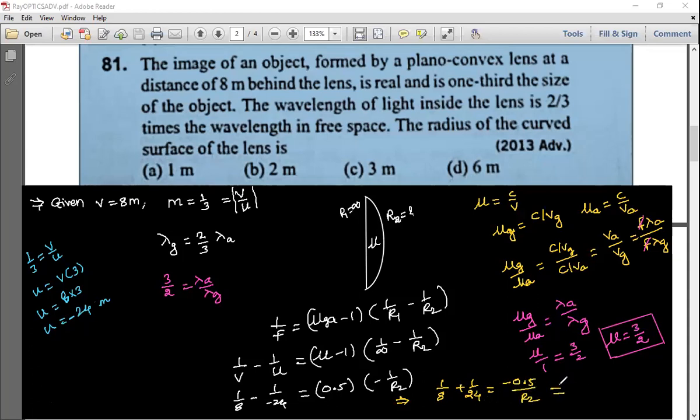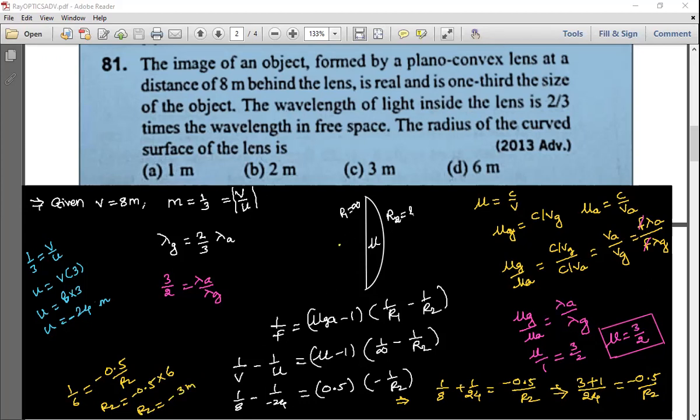Take the LCM, it will be 24. So 3 plus 1, which is equal to minus 0.5 by R2. 4 over 24 becomes 1 by 6. So 1 by 6 is equal to minus 0.5 divided by R2. So R2 is equal to minus 0.5 into 6, so R2 is equal to minus 3 meter.